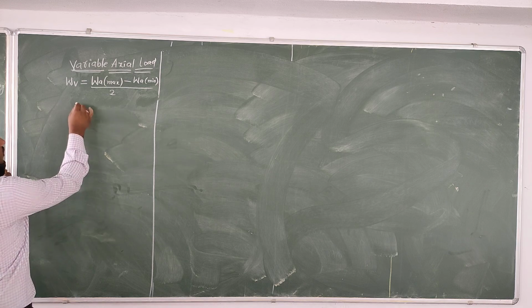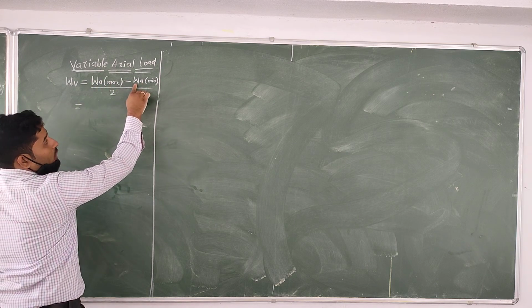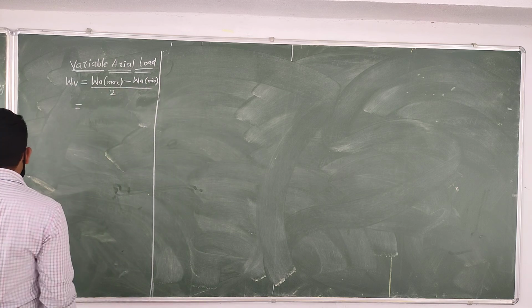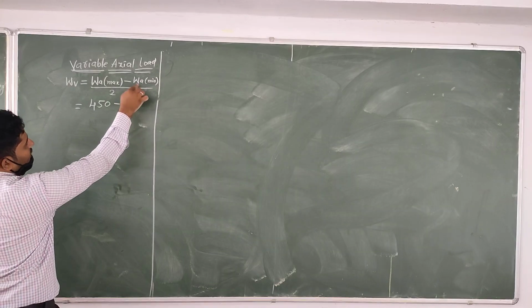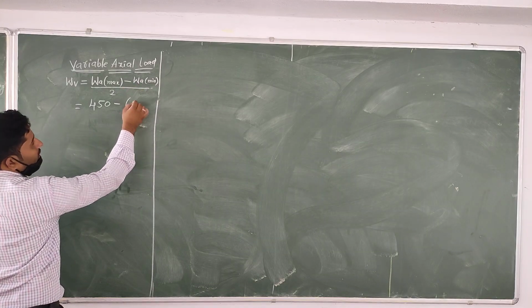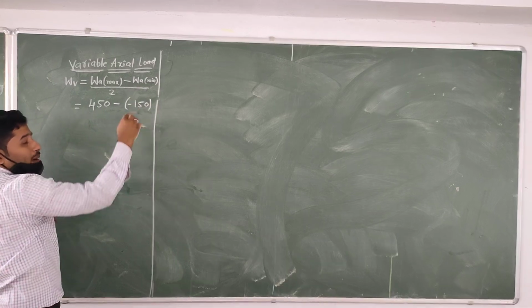Okay, dear. Axial load maximum, axial load minimum. The axial load maximum, how much did we get here? 450. And axial load minimum, how much is that here? 150. So what is the nature? The minimum load is compressive in nature.